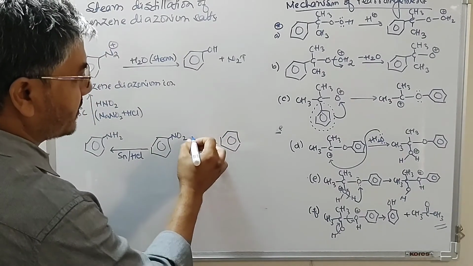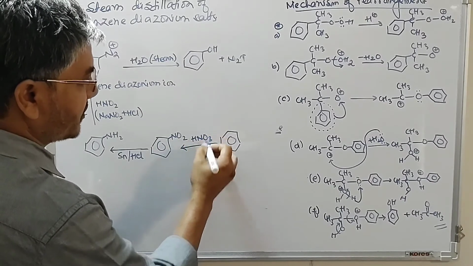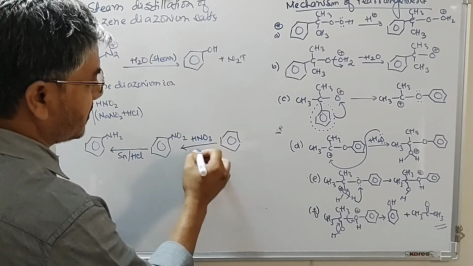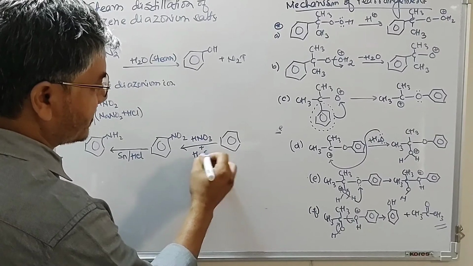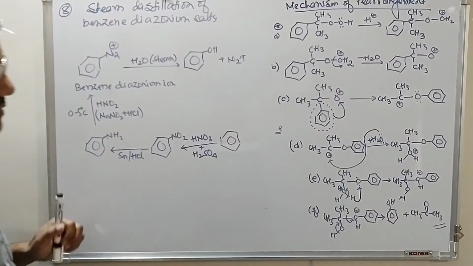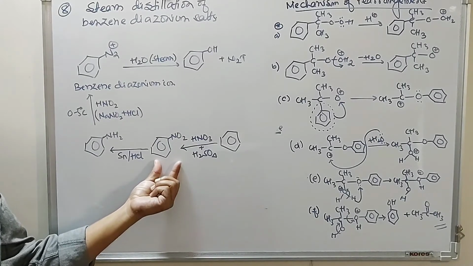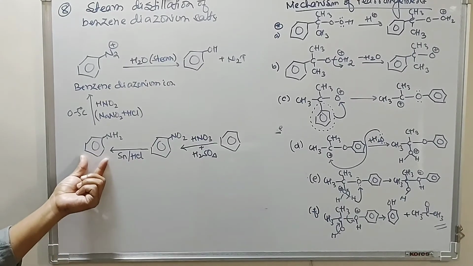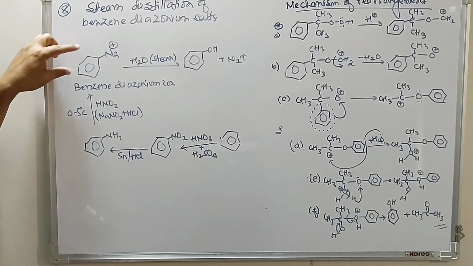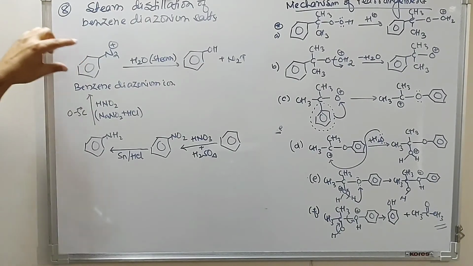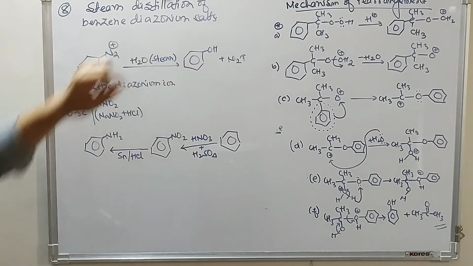So benzene on nitration with a mixture of nitric acid and sulfuric acid gives nitrobenzene, on reduction aniline, on diazotization benzene diazonium, and on reaction with steam gives you phenol.